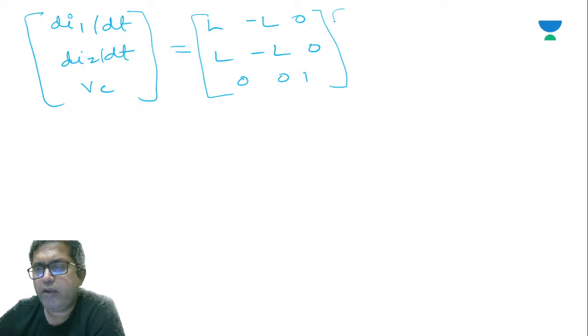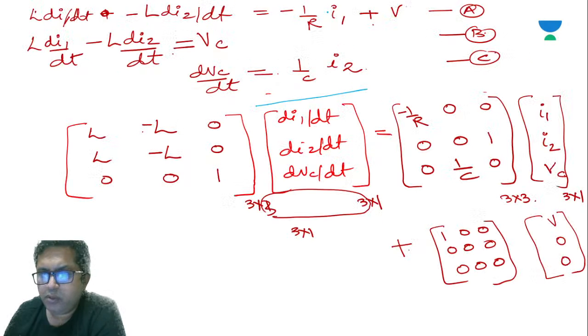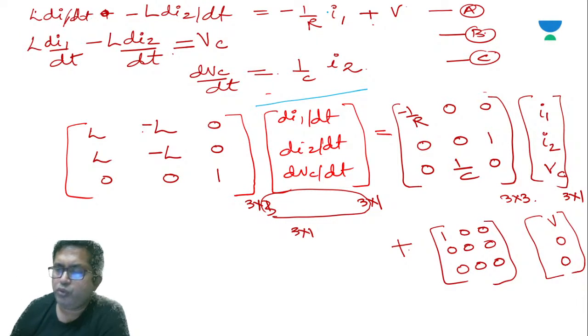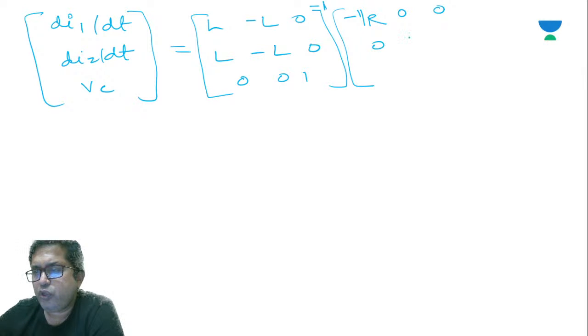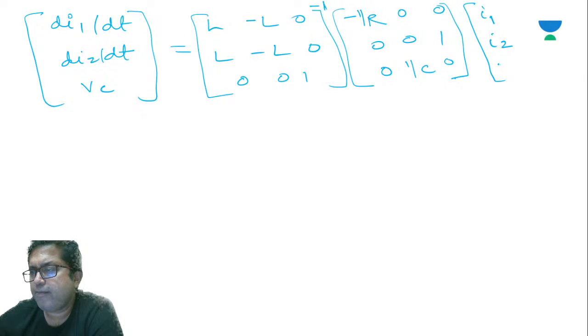Then I will get the inverse. Then minus 1 by R, 0, 0, 0, 0, 1, 0, 1 by C, 0. This is the A dash matrix, the state matrix.